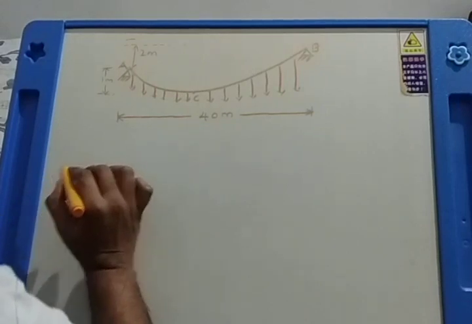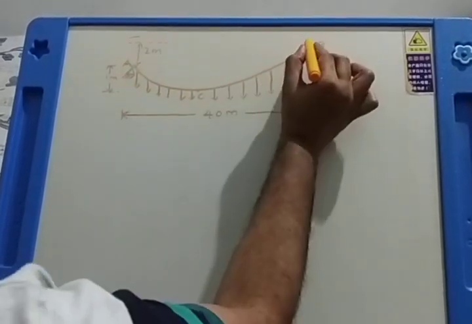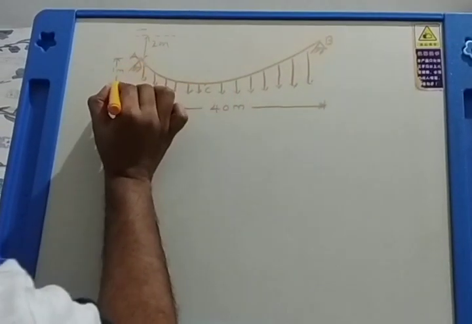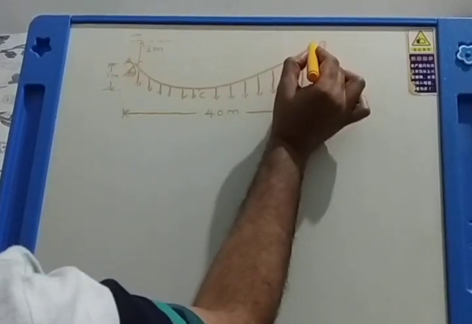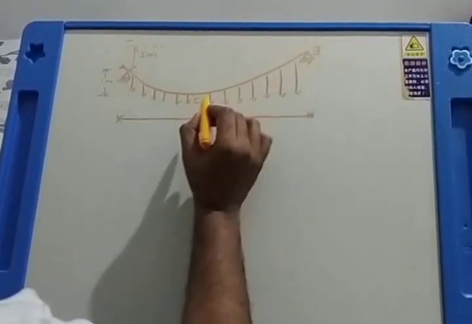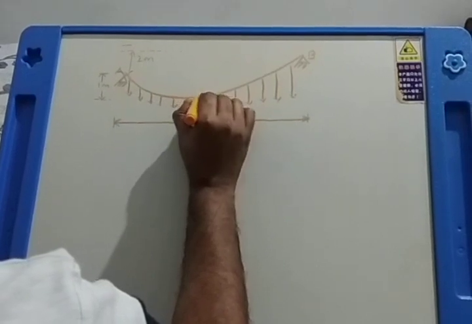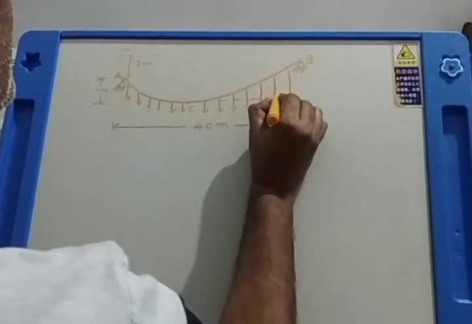So you might have understood now that A and B are not at the same level. C is 1 meter below A and A is 2 meters below B. That means C is 3 meters below B.